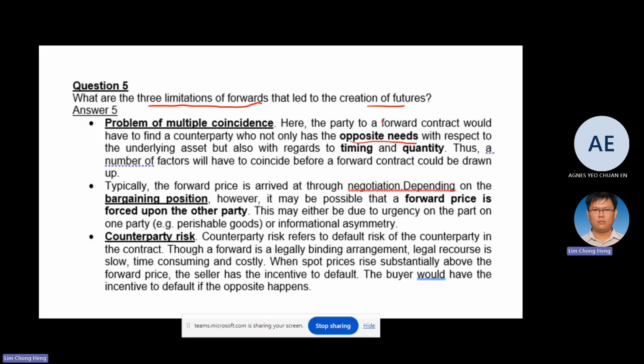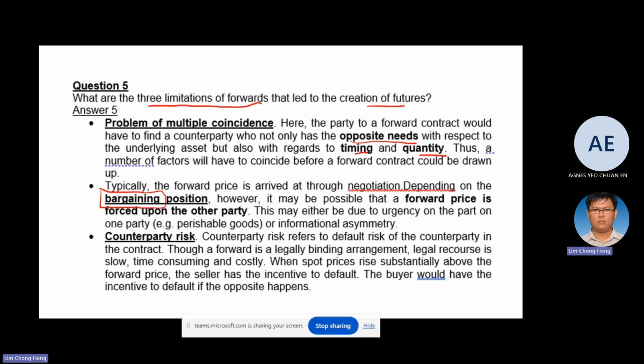Similar need here refers to timing, quantity, and sometimes even quality, the same quality. Okay, so if you're very lucky, you can find a counterparty. Then you face a second problem, bargaining position.